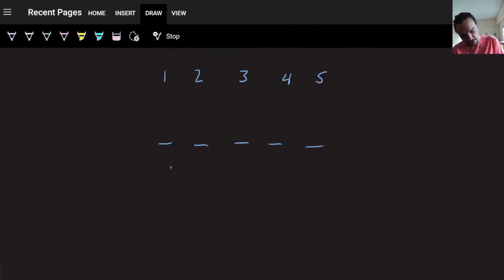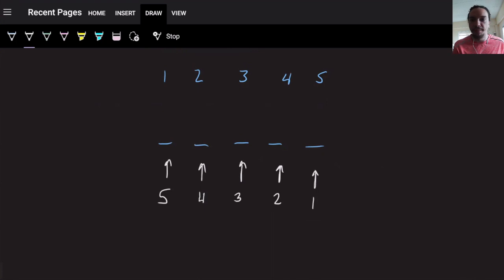Well, in the first spot, we have 5 different options, right? Once we've used up one, now we have 4 different options for the second spot. Once we've used up 2, we have 3 options for the third spot, and so on. At the end, we're only left with 1 possible object left. And if we multiply all these to get the number of possible ways of ordering, we're going to get, in this case, 120. And we call that number 5 factorial.